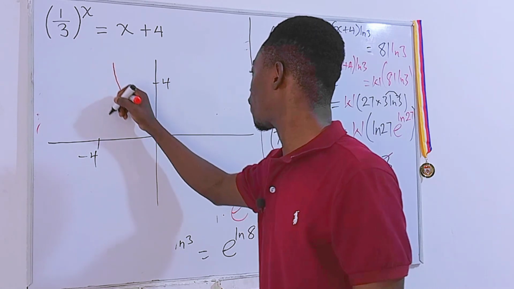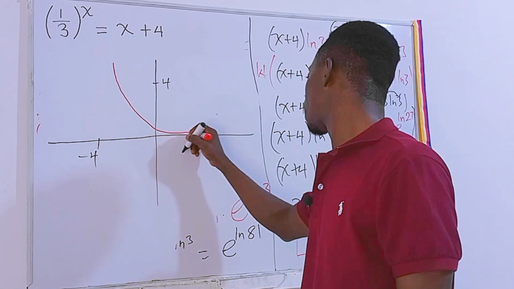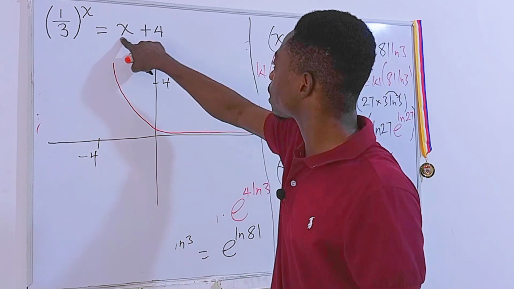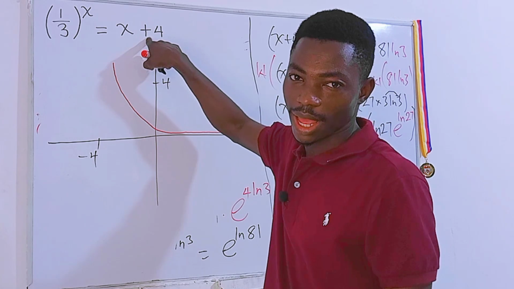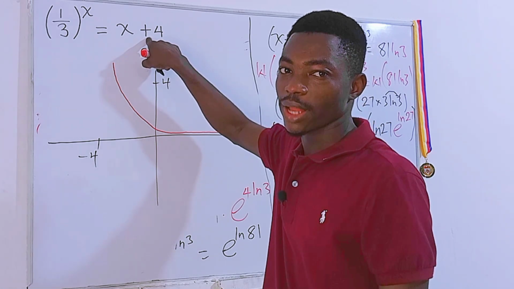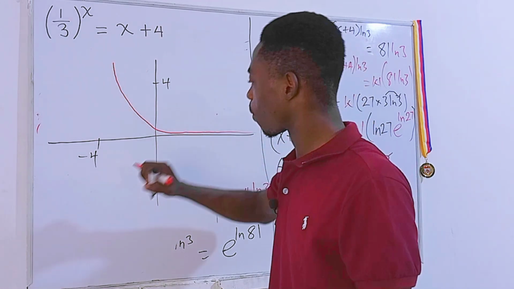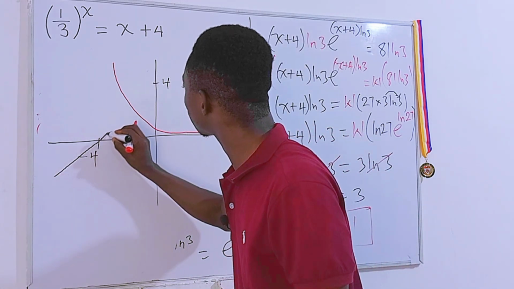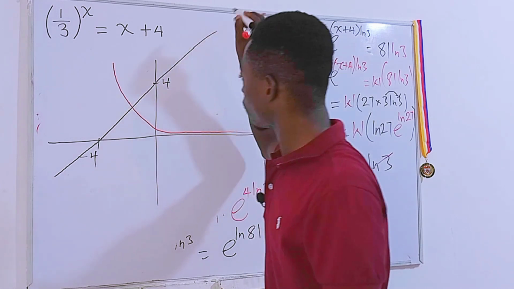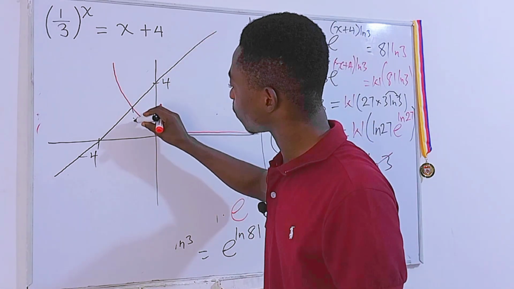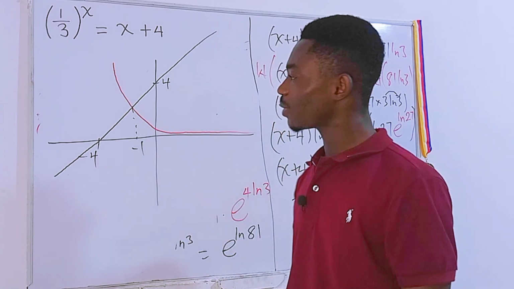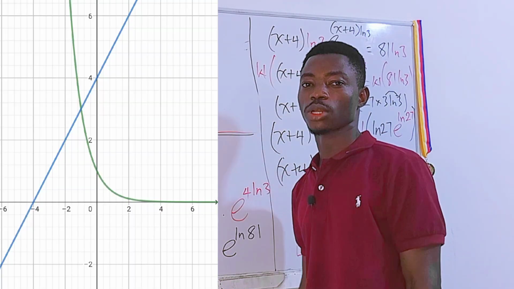It's a decreasing function which is asymptotic to the x-axis. Then, right here, if you set y2 to be equal to the right-hand side, x is going to be negative 4, and then y is also going to be positive 4, which will be just like this. It will pass through the negative 4 straight to the 4 like that. And this right here, if you trace it down properly, this is going to be the negative 1. So this is how the real one is actually going to be.